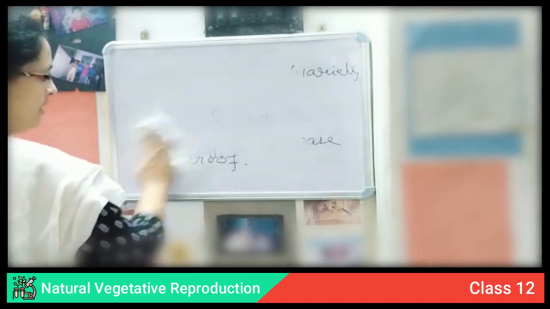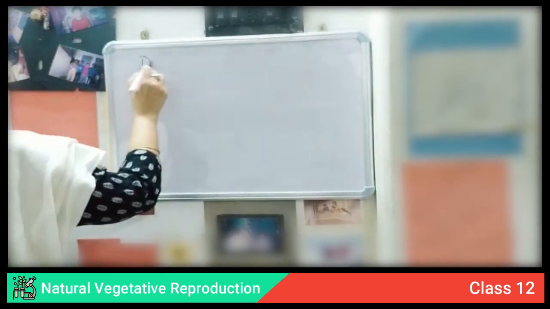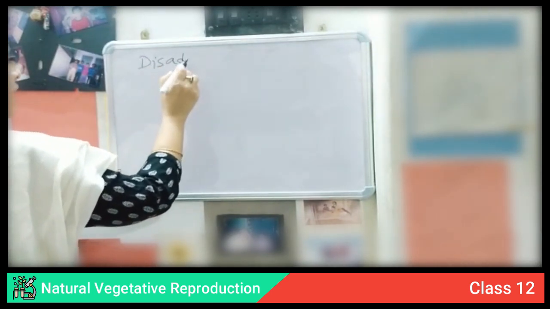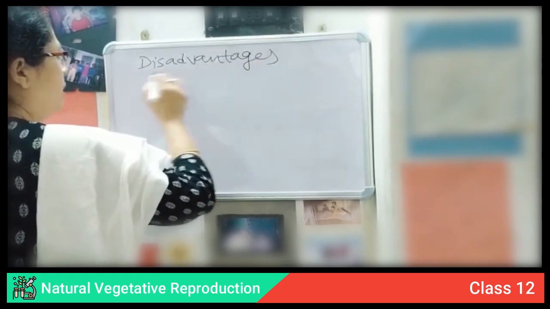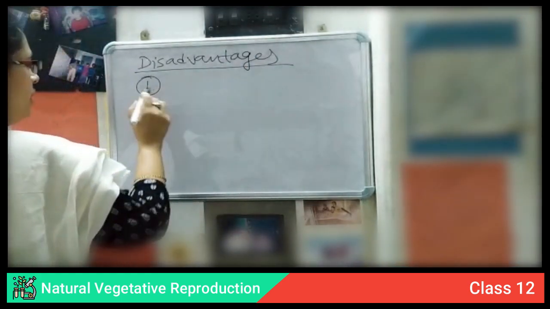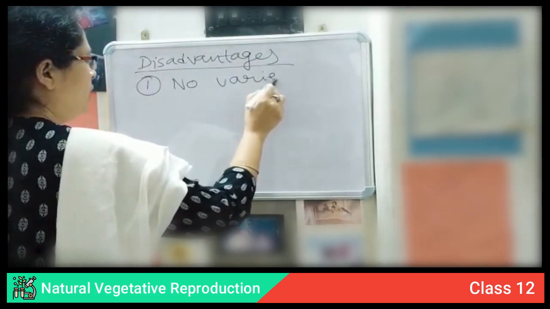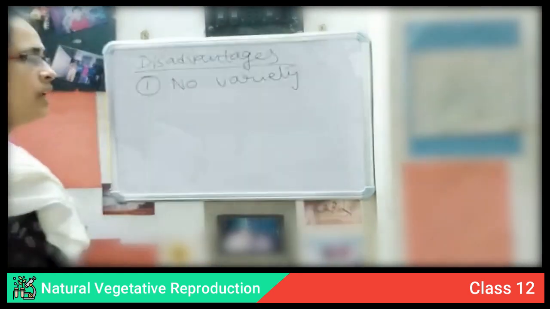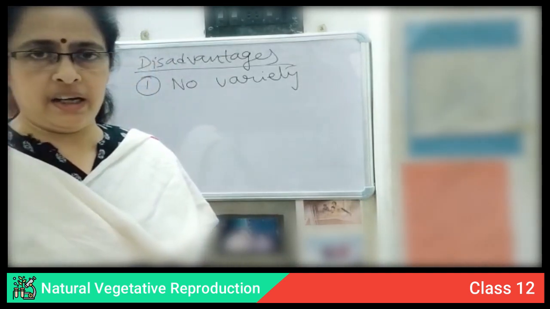But there are also some disadvantages. Disadvantages. Number 1, no variety. You can't get any variety of plant, only the same variety of plant you can get.